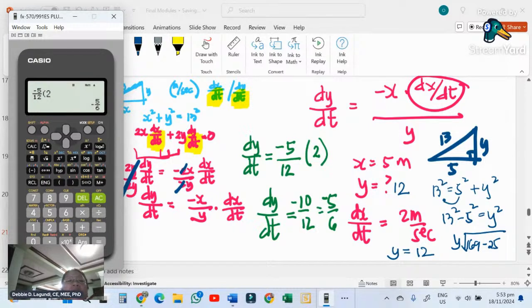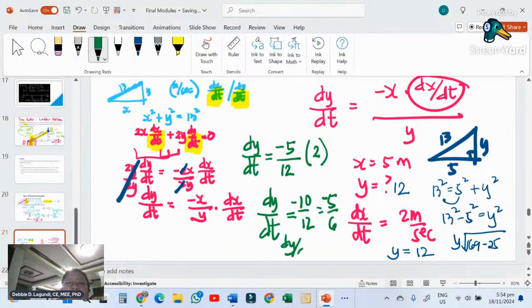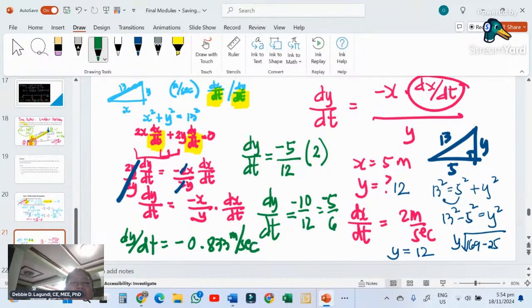That is negative 5 over 6, which I have here, and do SD. So it's negative 0.833. So dy over dt is equal to negative 0.833 meters per second. What does it mean?